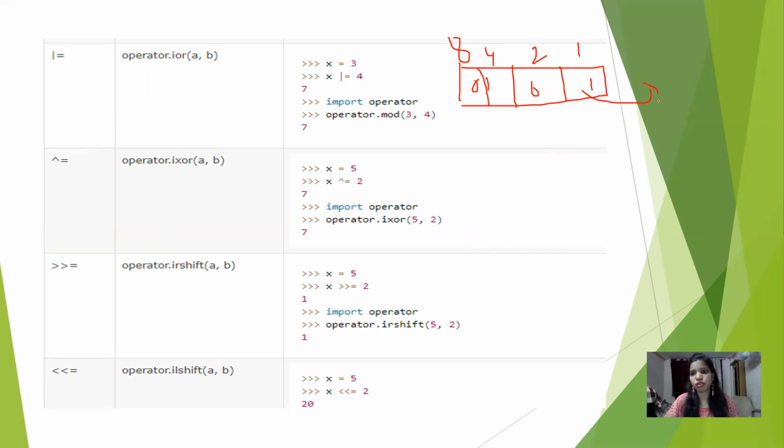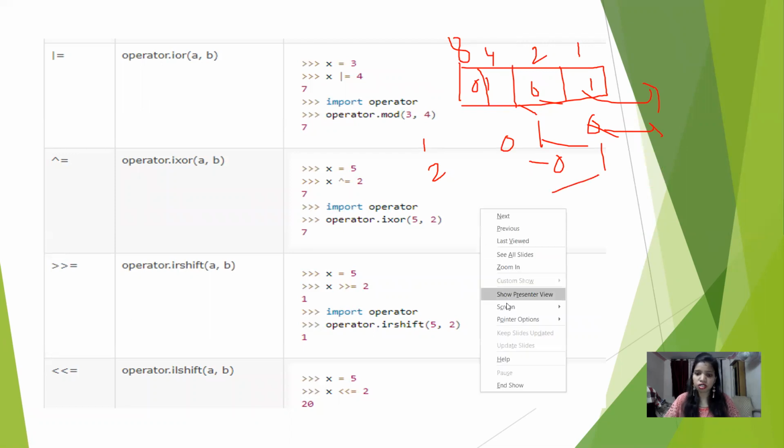In the first shift, the last 1 will not be there, so it will be 0 1 0. In the second shift, this 0 is removed too, so the number will be 0 1. Now what is 0 1? This is 1.